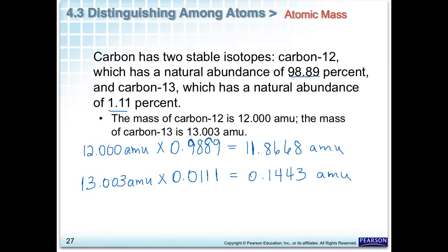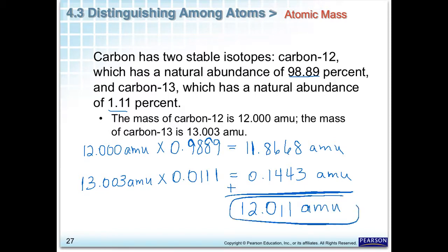So then we do those two calculations, mass times abundance of the first isotope and mass times abundance of the second isotope, and now we just add them together, and we come up with 12.011 AMUs, rounding to the correct number of significant figures based on our original measurements, 12.011.